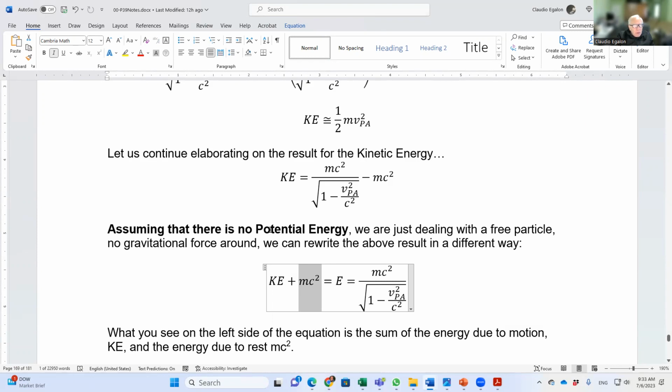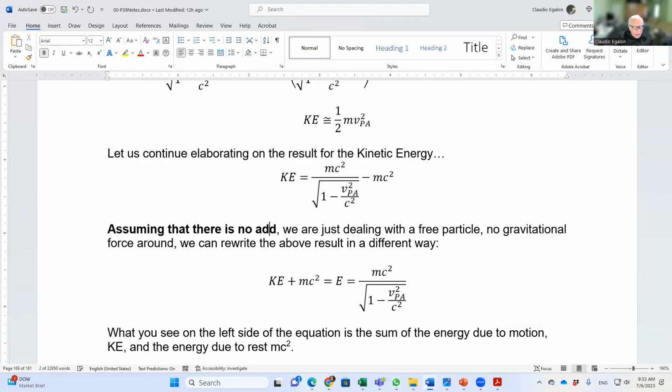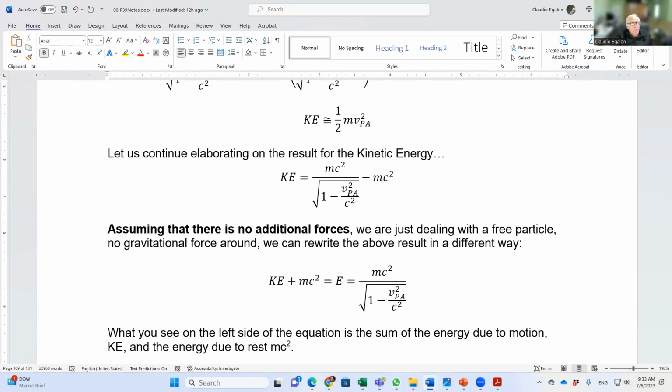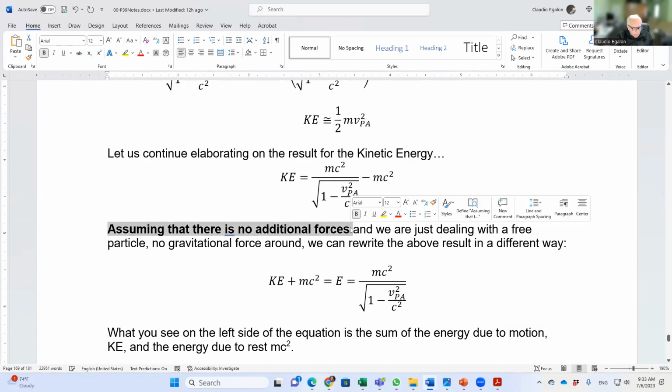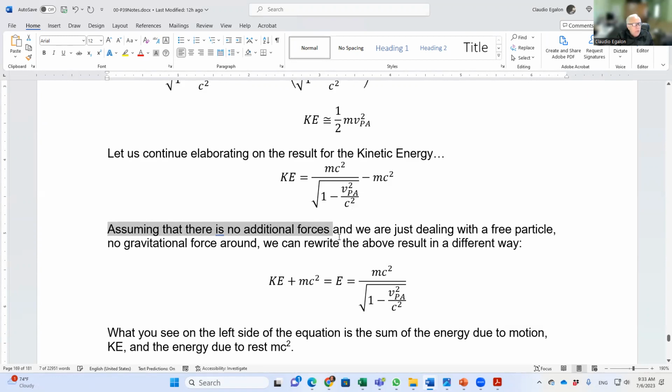Assume that there are no additional forces applied to the particle, and we're just dealing with a free particle, no gravitational force around, no other force around.